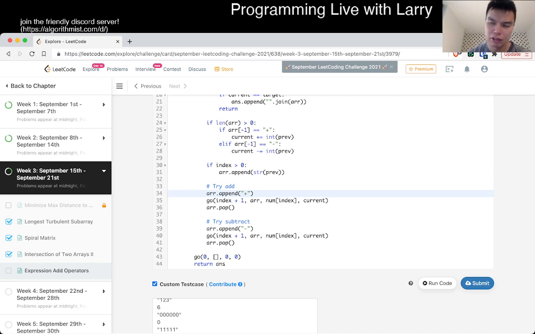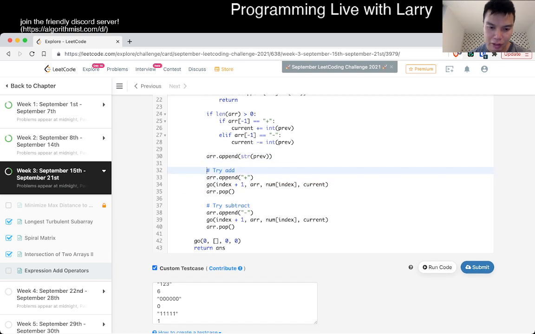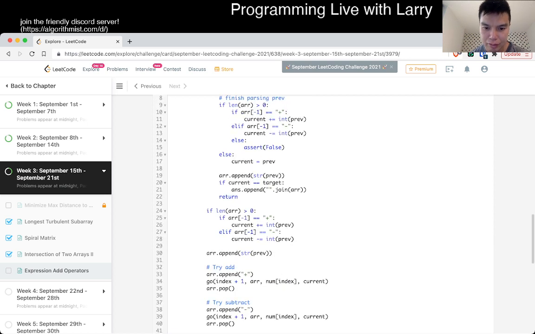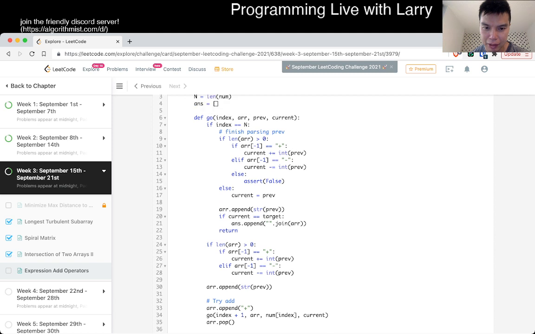Maybe we just have to handle the first digits differently. I think maybe that's actually the real way to do it. So here we do num sub 0, and then we start at the 1 index. I think maybe that's actually a little bit better. And then the previous would be num sub 0, and I think we're okay. I think that's why we messed up a little bit.